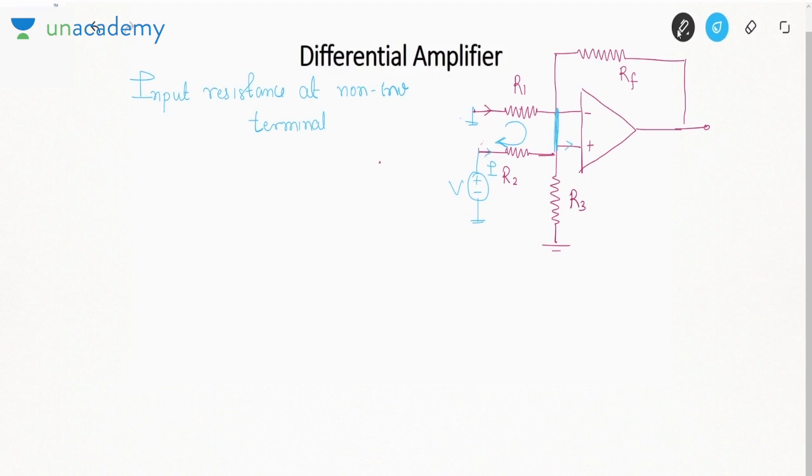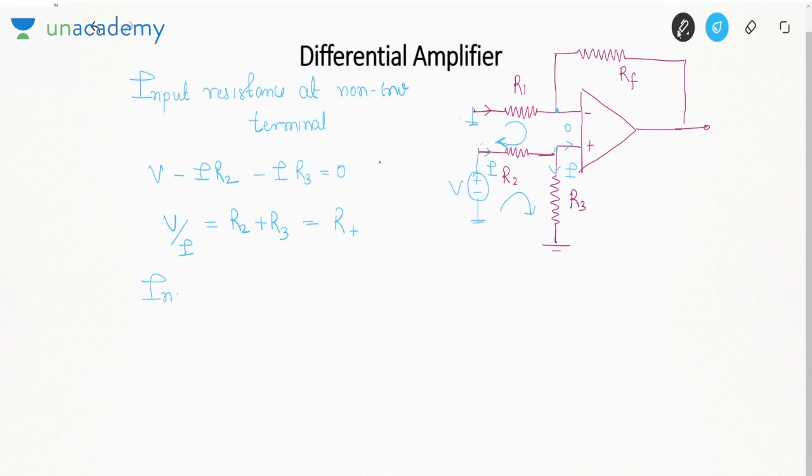Since no current goes into Opamp, right? So this current I will go like this. So if I apply KVL, V minus IR2 minus IR3 equal to 0. So what is V by I? R2 plus R3. So that is the resistance at the positive terminal.